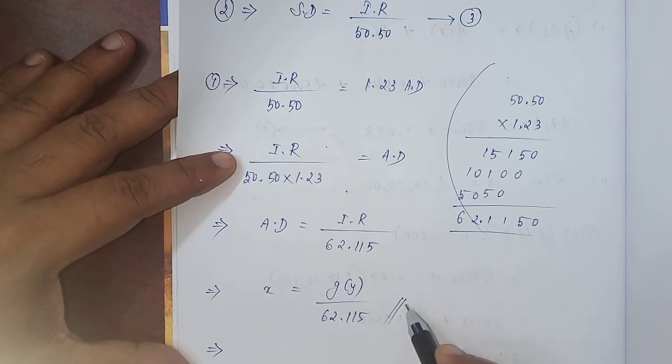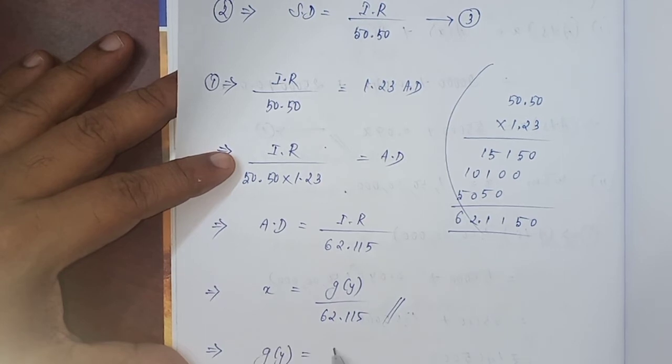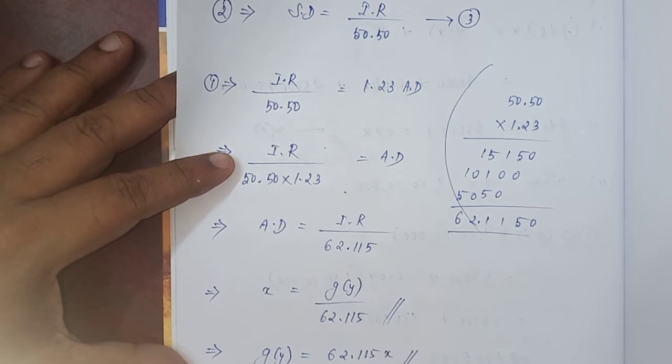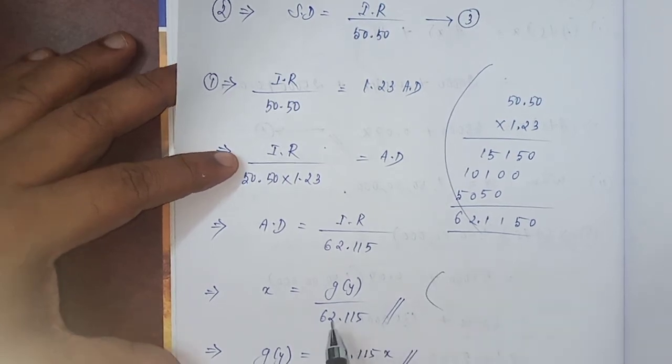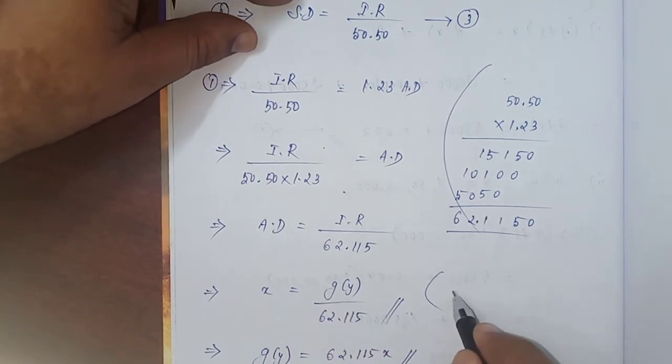But if you cross multiply, you are getting 62.115x, that is g of y, that is equal to 62.115 into x. Here this one is a representation of AD in terms of IR.